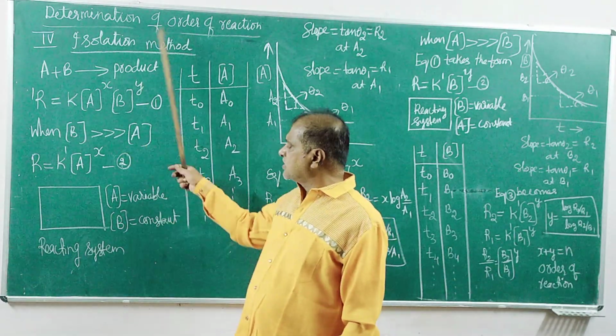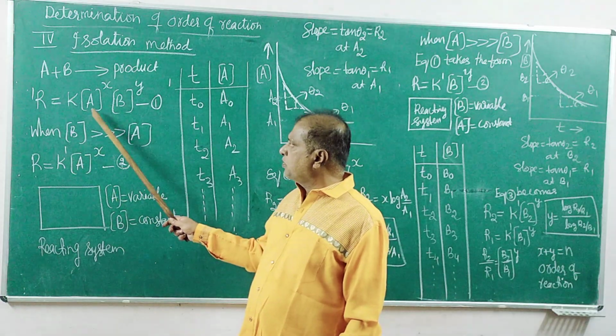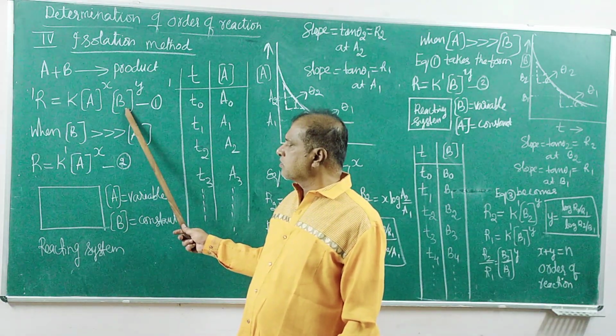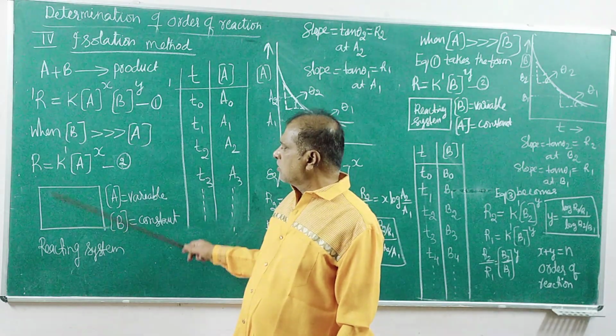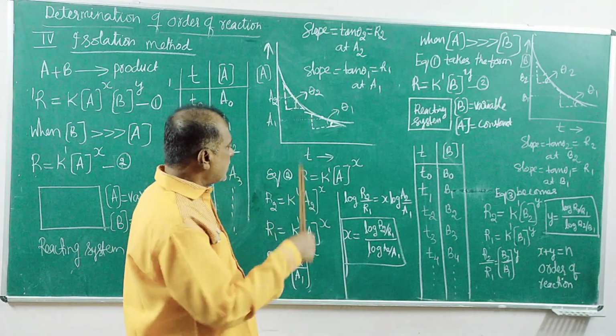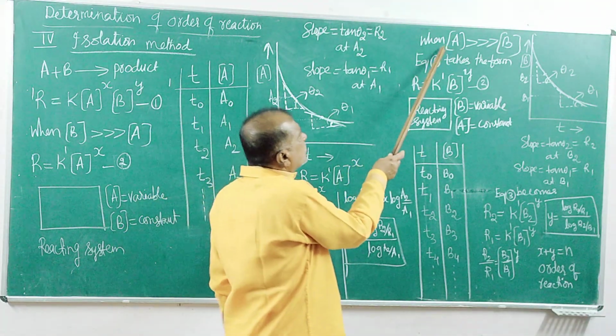Now repeat the same experiment but in reverse, that is keeping a very high concentration of A and a low concentration of B. The same reacting system with this difference, and you follow the same procedure as we did here.